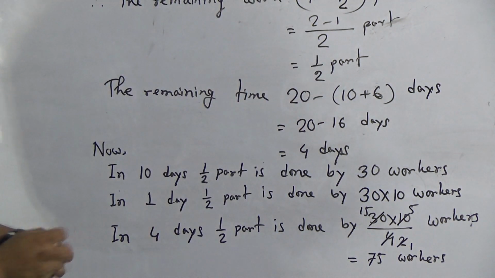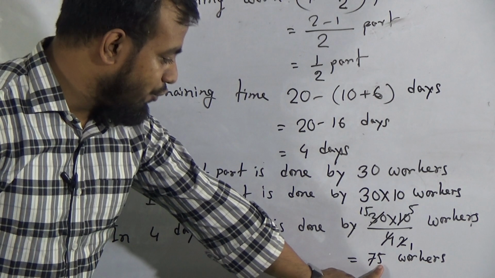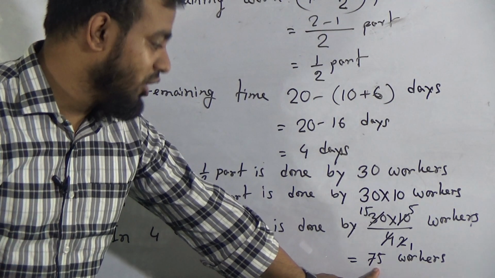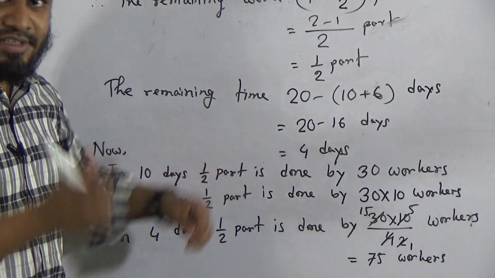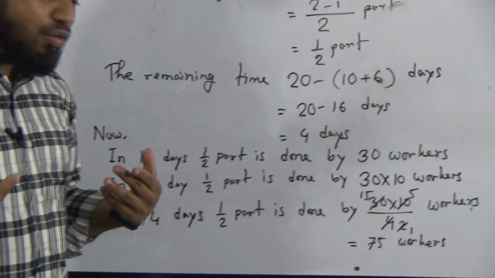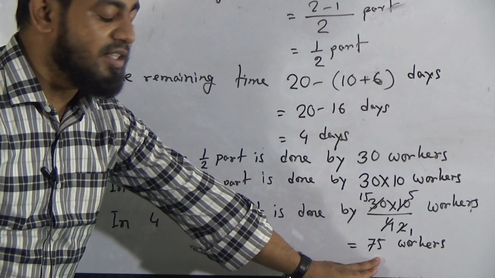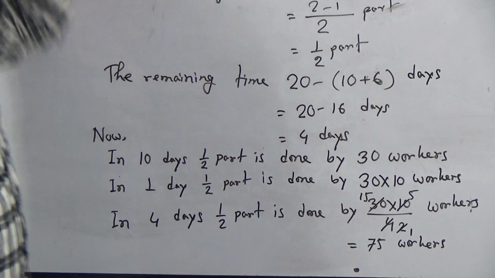Now, dear students, look, it's very important. 75 workers are needed in total to complete this remaining work in 4 days. That means in time. Now, what is the number of extra workers? 75 workers are needed in total, but already we have 30 workers there.